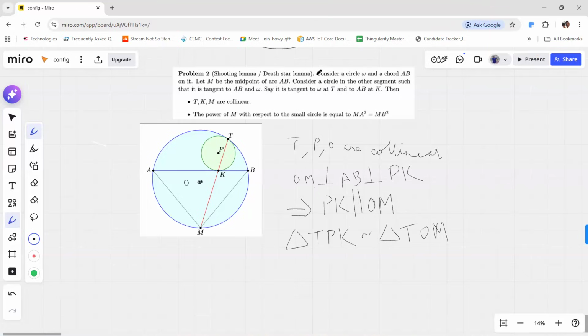Like so, TKM must be collinear since PK is parallel to OM and T, P, O are collinear. Sorry, could you repeat? T, P and O are collinear and PK is parallel to OM and they are similar, so T, K and M must be collinear by Thales or something.